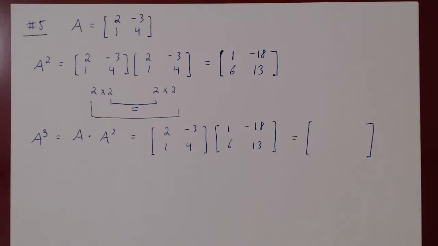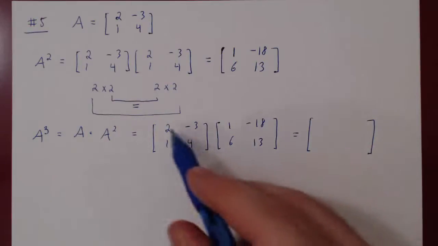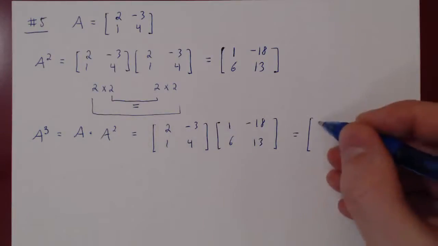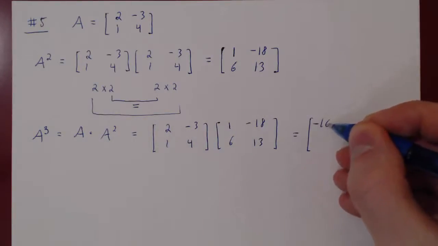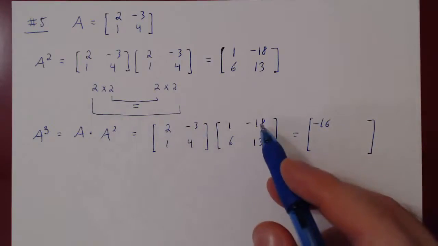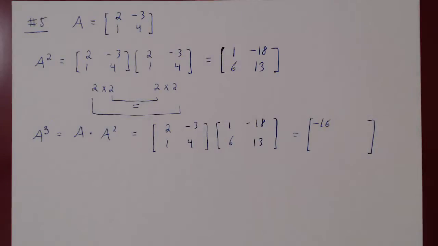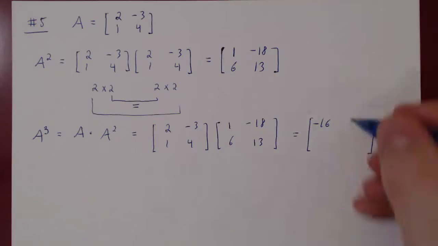Let's see. Again, we construct our first row. So 2 minus 18, minus 16. Then we'll have 2 times negative 18, negative 36, minus 3 times 13, negative 39, which gives us negative 75.